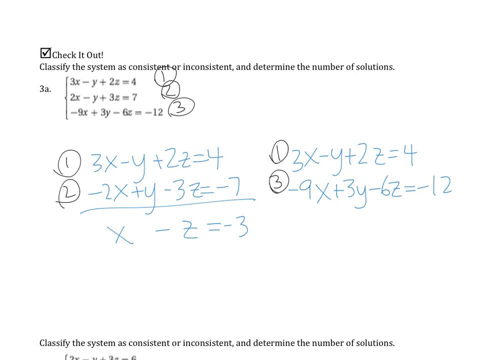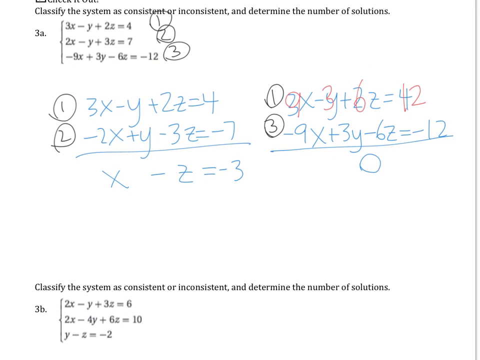I'm just going to write over top of this. So it turns that into a 9, a 3, a 6, a 12. Add those together, and you end up with 0. So that didn't work out very well.